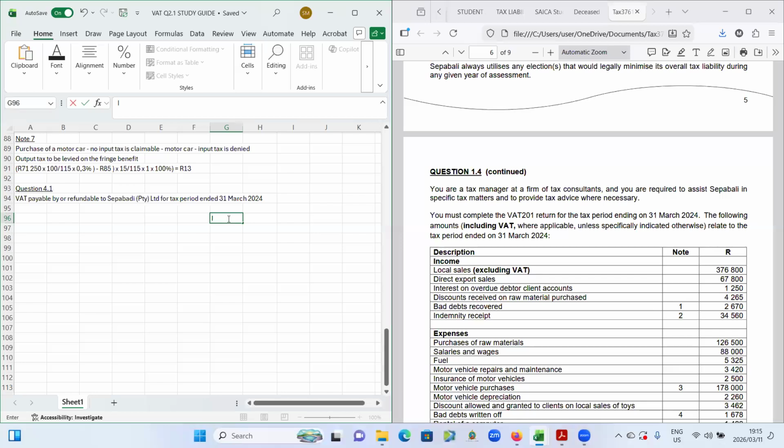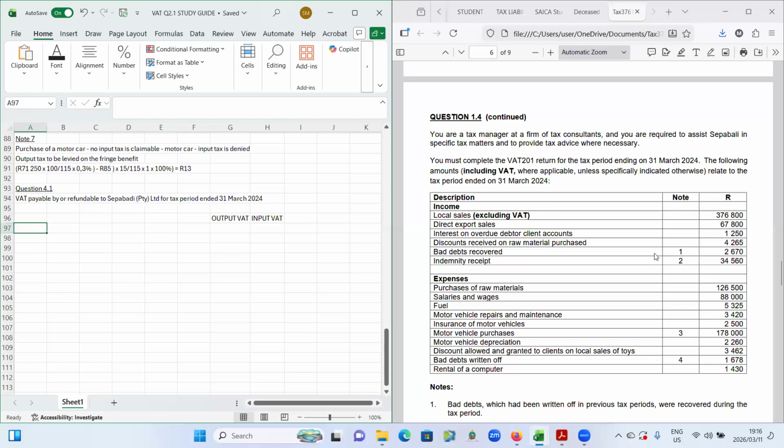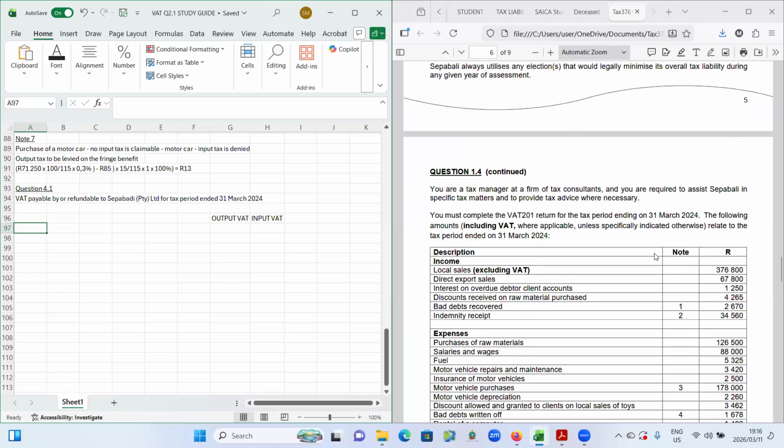Let's start with output VAT, and then input VAT. We divide it like this and go note by note. So it's a VAT payable. Let's look at the VAT period.